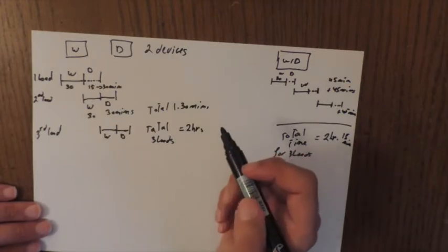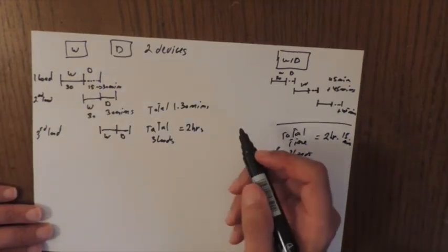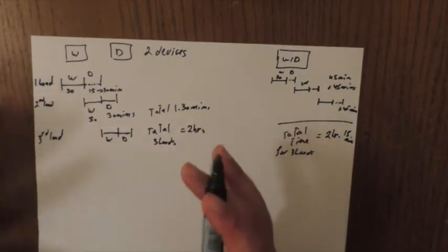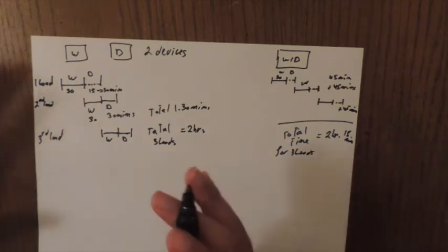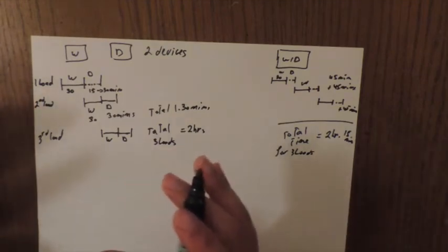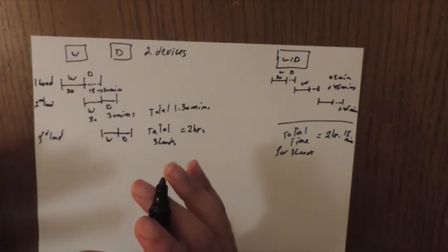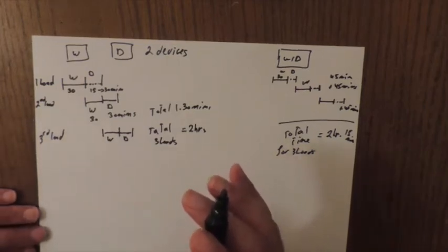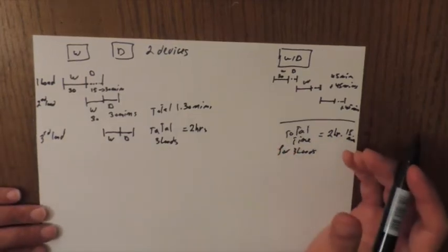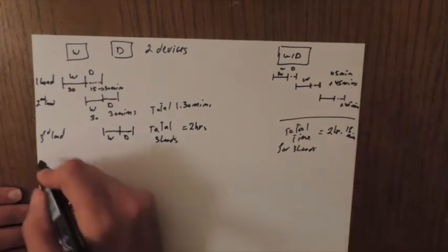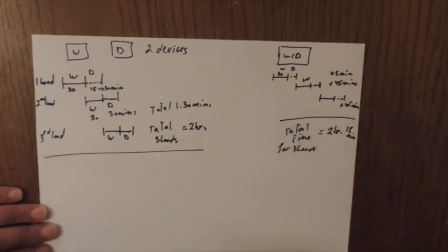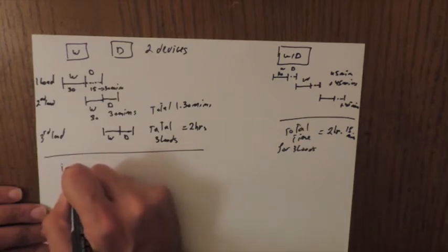So this is called pipelining. Pipelining is the act of dividing a task into small problems and somehow reusing the components that are not doing anything to increase productivity.